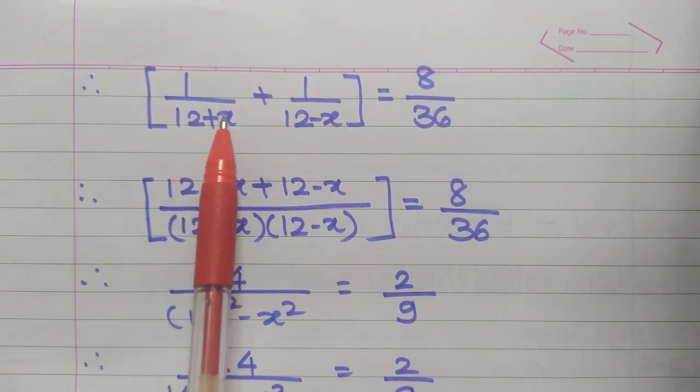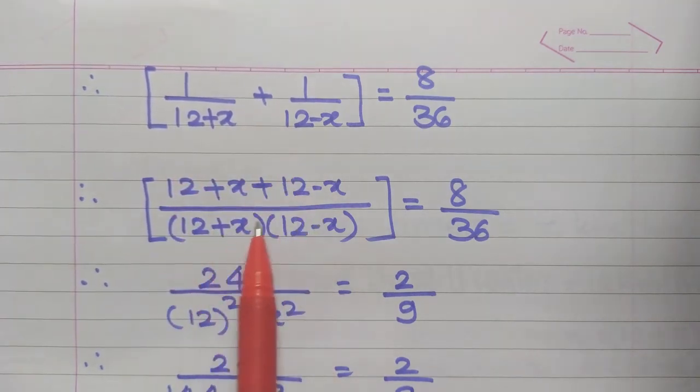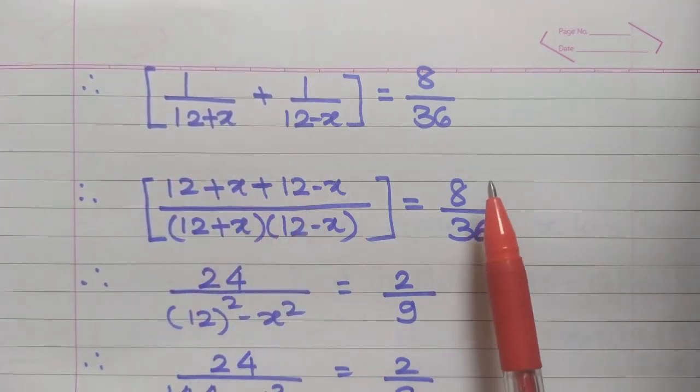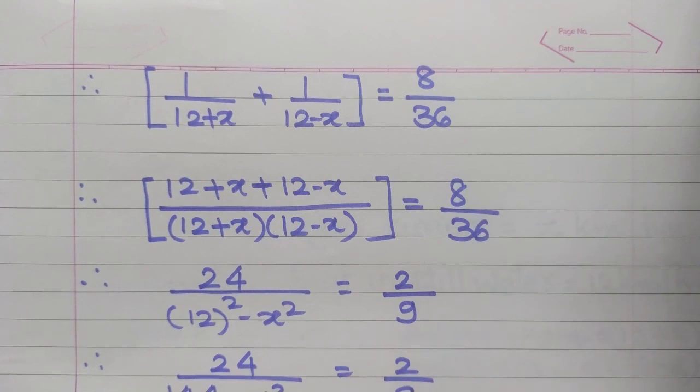So it will be 12 plus x into 12 minus x is equal to 8 upon 36. Here plus x minus x get cancelled. Cancelling these two x, you have 12 plus 12 as 24 upon a plus b into a minus b.